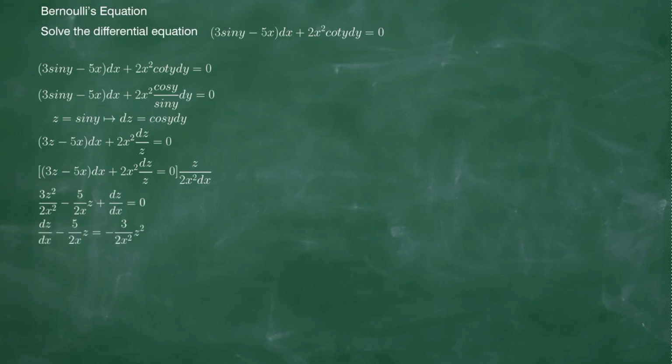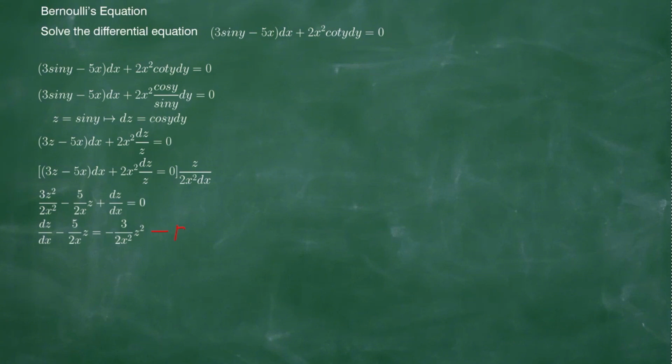Then we rearrange: dz/dx − (5/2x) z = −(3/2x²) z².